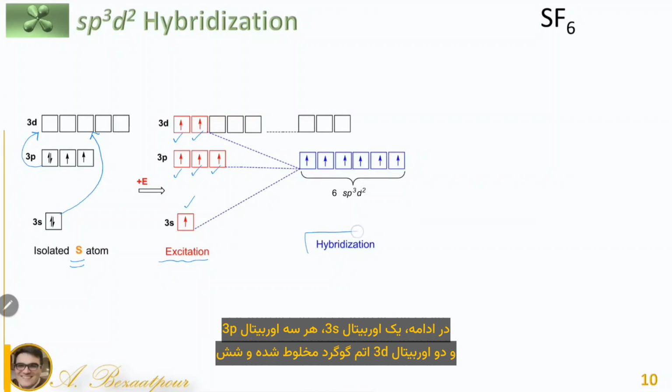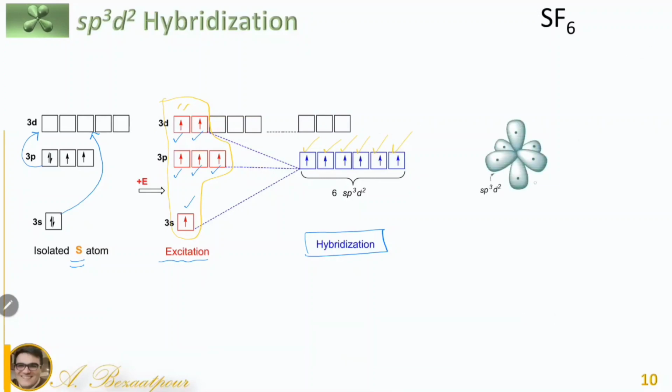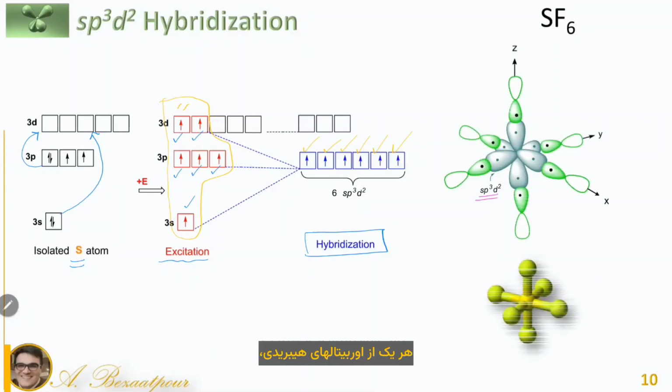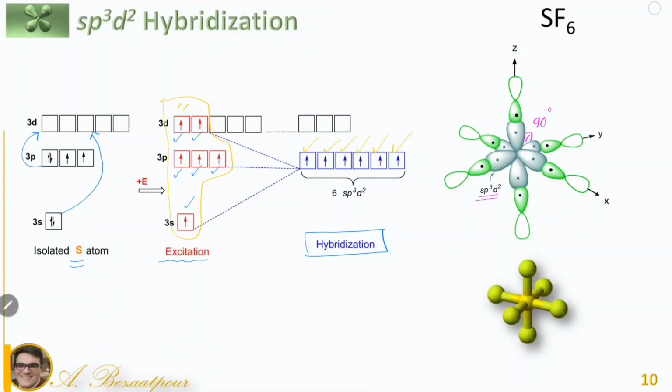And in the following, one 3s orbital, all 3p orbitals, and 2 3d orbitals of the sulfur atom mix together and form 6 sp3d2 hybrid orbitals, which point to the vertices of an octahedron. Each hybrid orbital overlaps with the 3p orbital of 6 fluorine atoms.